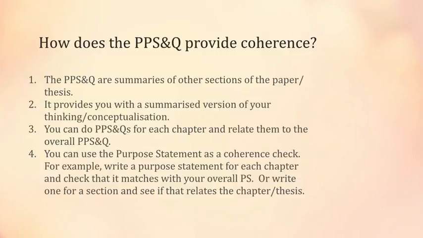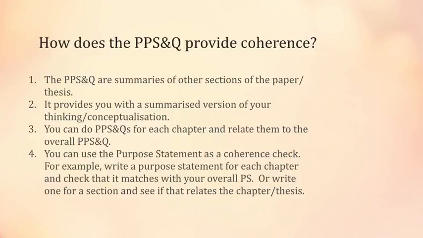So if you were looking at conceptualizations of mature students, perhaps the problem in the literature review paper or chapter is that mature students are conceptualized very differently, or that mature students have a derogatory element to that kind of description. So that would be a problem that you would then develop in the literature review chapter. And you could work out what the purpose of the chapter would be and also what the key questions would be that you're trying to address.